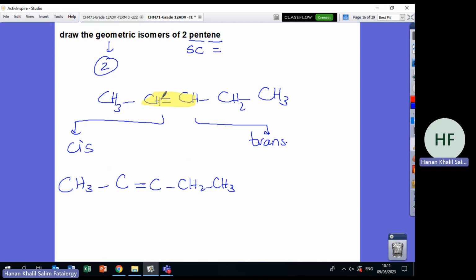Now in the cis, this H and this H should be on the same side. So either I will put them both up or both down. Okay. Now here I will write the same CH3, C double bond C, CH2, CH3. And now in trans, one H should be down and one H should be up. Okay, opposite sides.